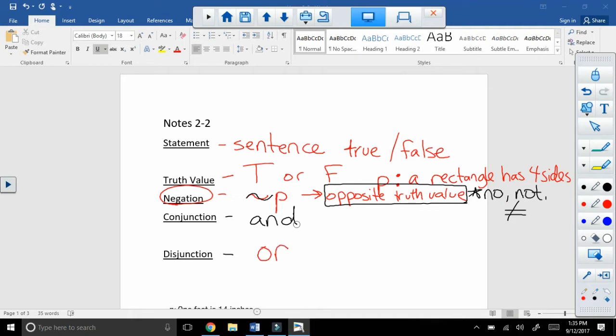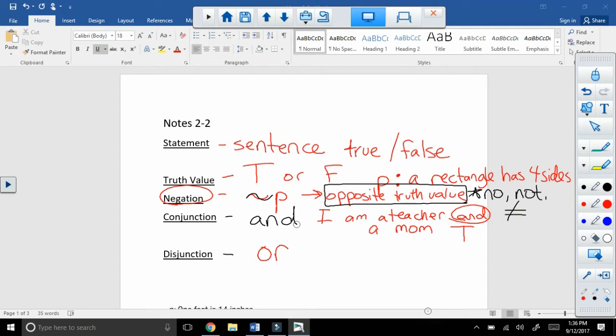So looking at these, we might have a statement like, I am a teacher and a mom. If I say that together, that would be a true statement because it's true that I'm a teacher and it's true that I'm a mom. So that and statement, when you put both of those things together, would also be true.